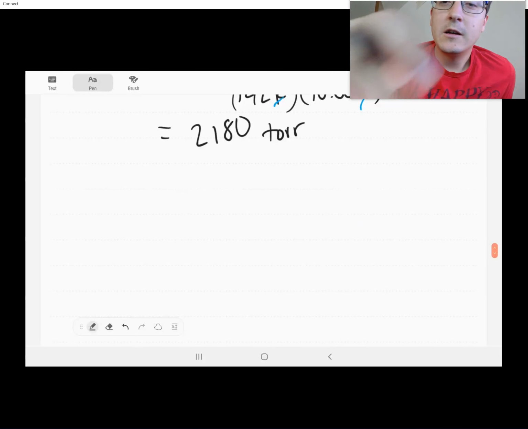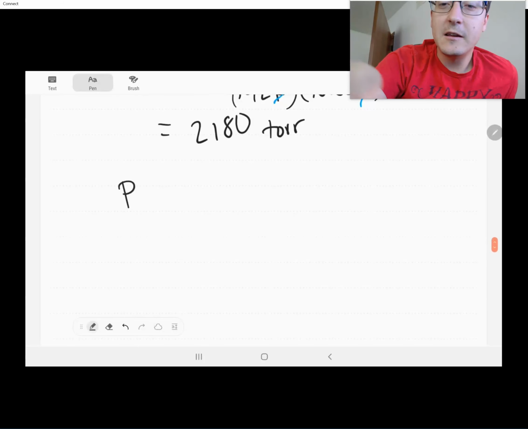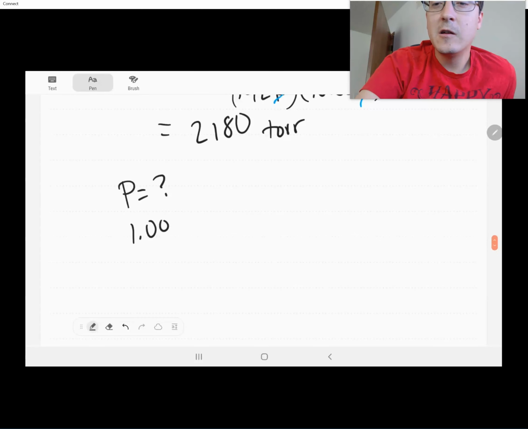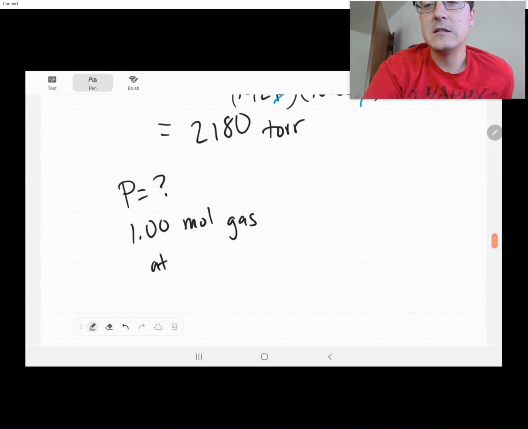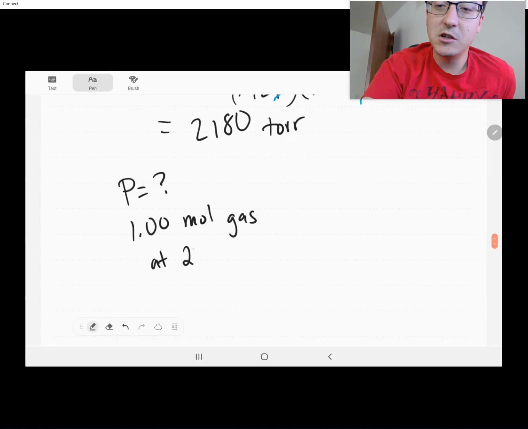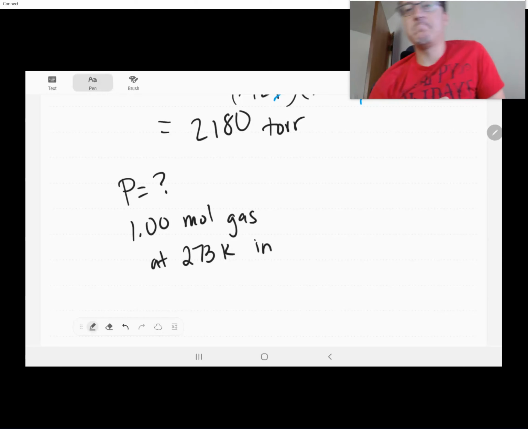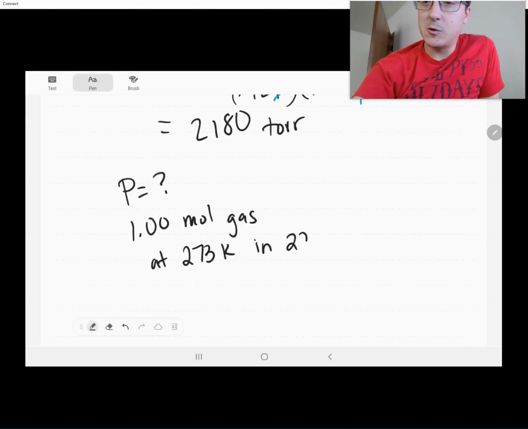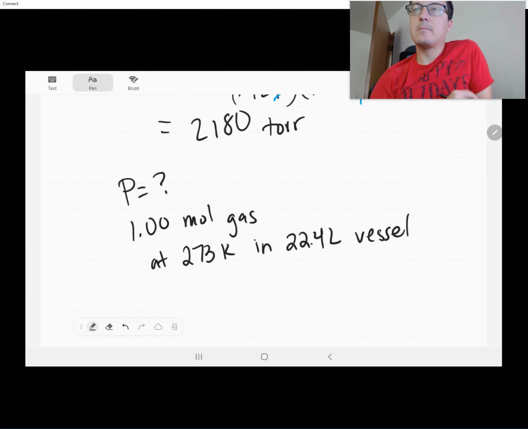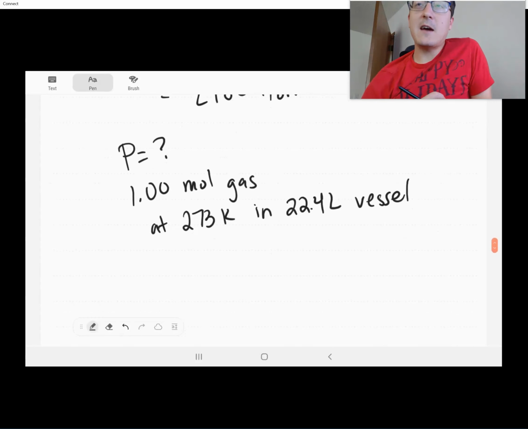What would the pressure be if I have 1 mole of gas at, let's say, 273 Kelvin in, I don't know, a 22.4 liter vessel? Calculate for me. Atmospheres would be a good unit for this.